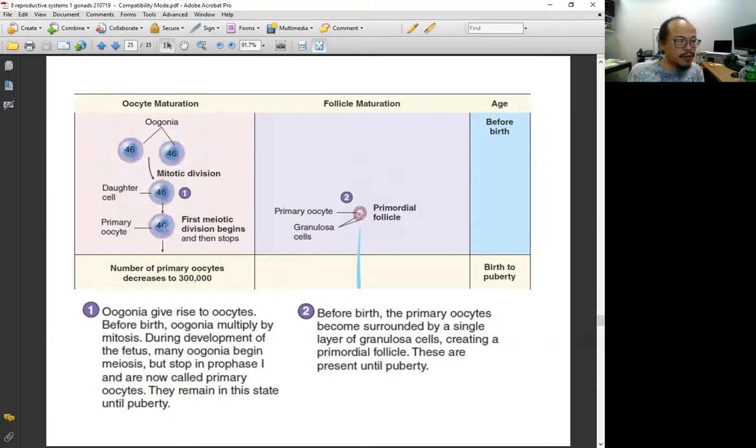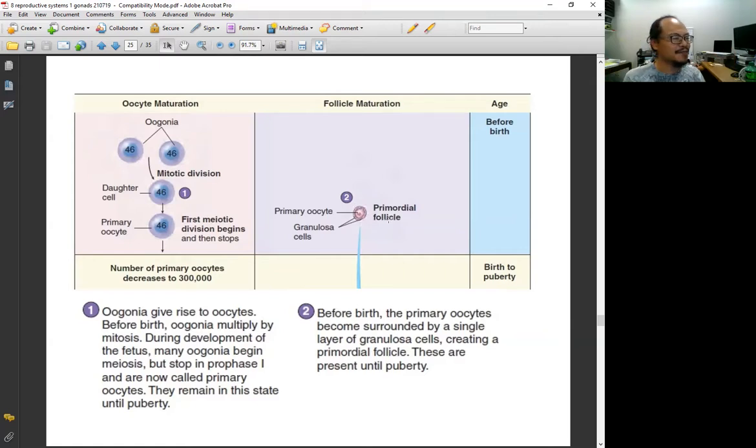Each of these primary oocytes will recruit a group of follicle cells to form a squad, like it's my team and these are all my mates taking care of me, right?